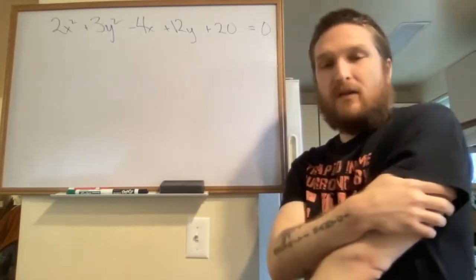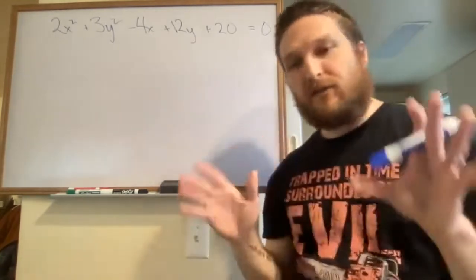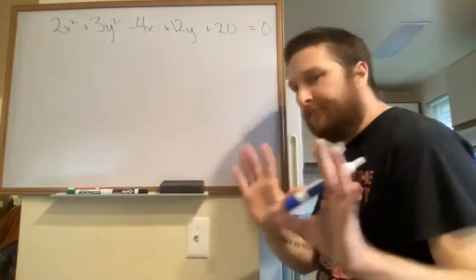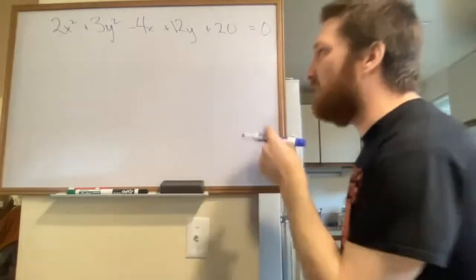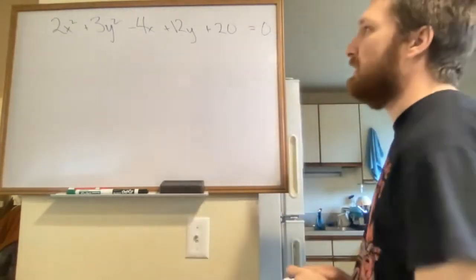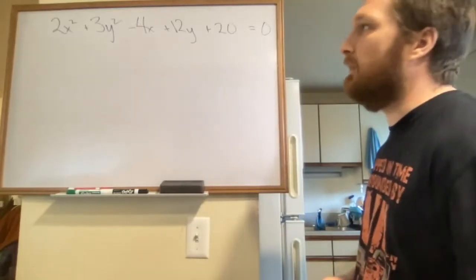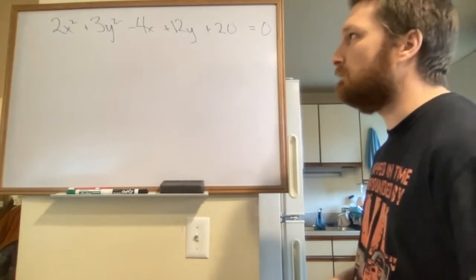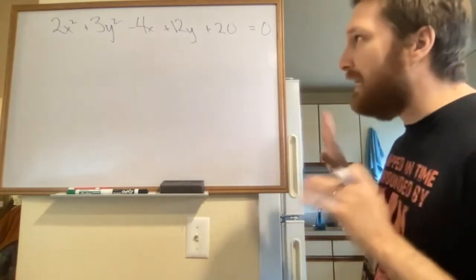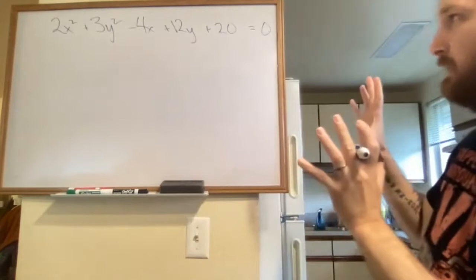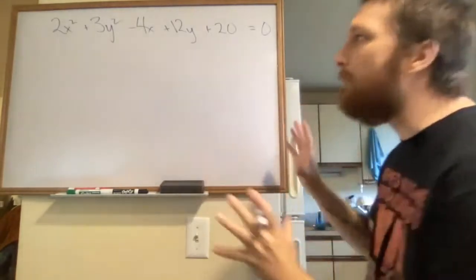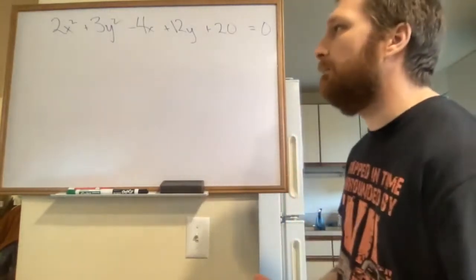And the reason why, I'm going to illustrate with this example. Given something like this, and you ask me, Justin, what kind of conic section is this? I'm going to say, well, first off, this is not the standard form for any conic section. In order to get it into a way that I could figure out what type it is, I have to complete the square.